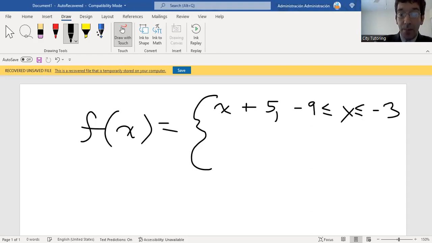All right, and then we can do 2x squared minus 1, and let's say -3 is going to be less than x, and that's going to be less than or equal to 2.